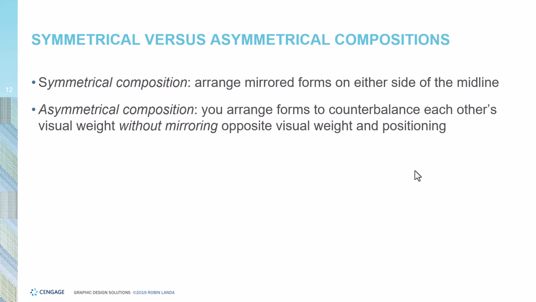Here we go again with symmetrical versus asymmetrical. Whether in print or on screen, each static single format has a vertical axis. Imagine a line down the center of the format. The equal distribution of visual weight on either side of that vertical axis is the key to establishing balance.